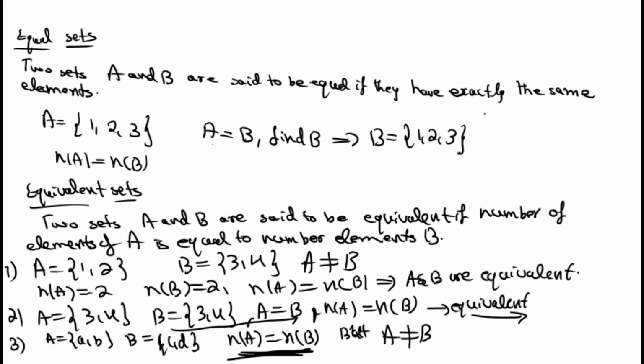Okay, so see, remember: equal sets imply equivalent. Okay, but equivalent doesn't imply equal sets. Okay, in some cases equivalent sets may be equal sets, but in general all equal sets are equivalent sets, but equivalent sets are not necessarily equal sets. Okay.